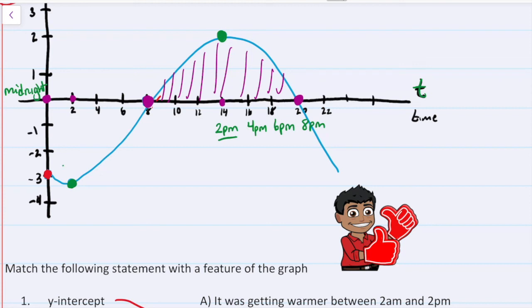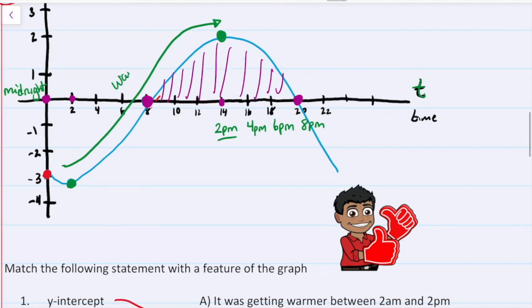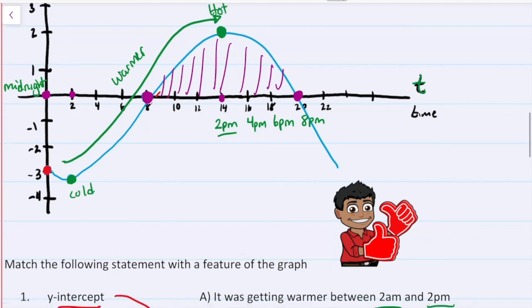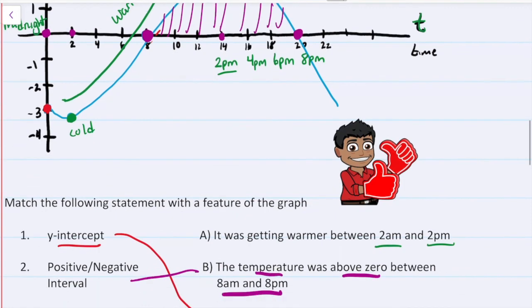Look at the graph. The graph is actually going up. When the temperature gets higher and higher, as we already discussed, it's getting warmer. Did it go from cold to hot or warm? Yes. So the whole thing was getting warmer as the day progressed. We're going to select that one. And that's basically how you do it.